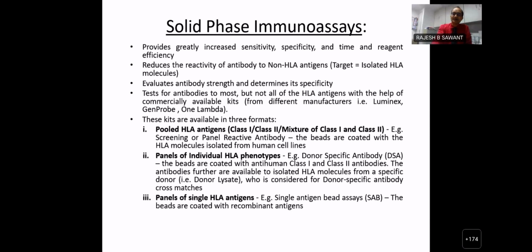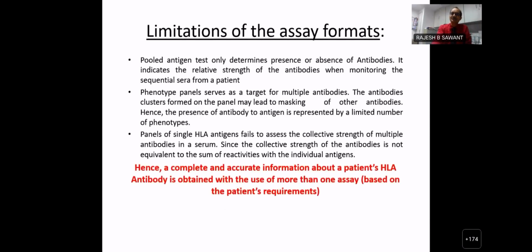So these are all recombinant antigens that are coated, and then you add the patient's serum and you look for the reaction basically. So here what you need to understand is the limitations of these assays. You have a Luminex cross-match, which is like our blood cross-match, just a broad spectrum test where you prepare the donor cell lysate, add the patient serum and look for any donor-specific antibody.